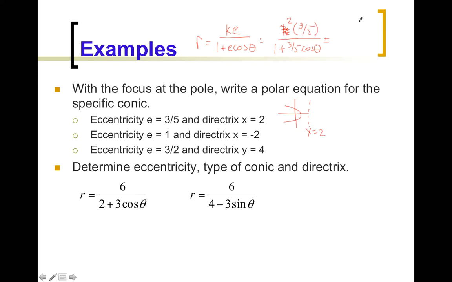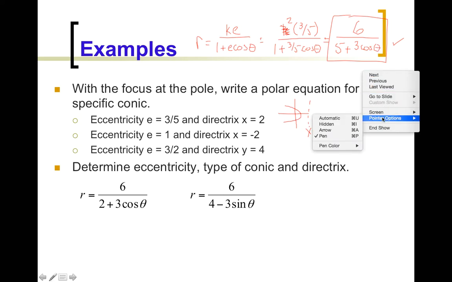So 2 times 3 is 6, over 5 times 1, which is 5. 5 times 3/5 is 3, and cosine theta. And there we go, that's it. That's our entire equation for the polar mode. So some of these problems are going to be kind of easy, others not so much.